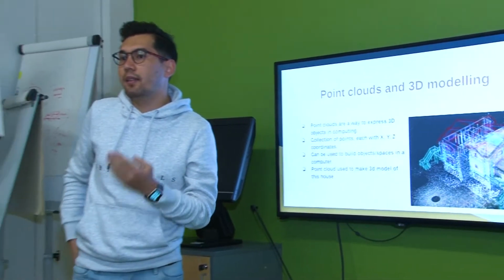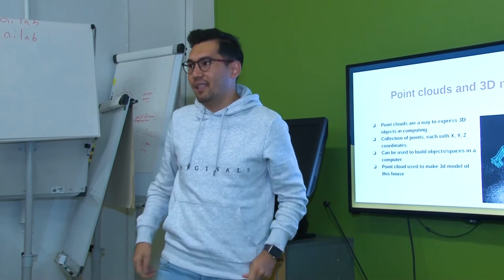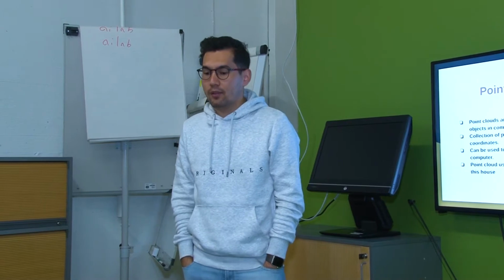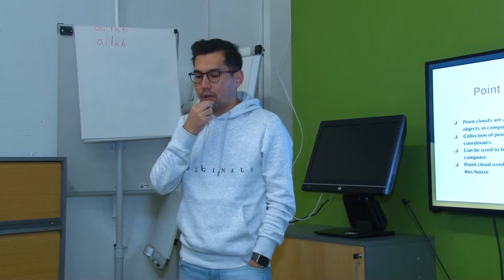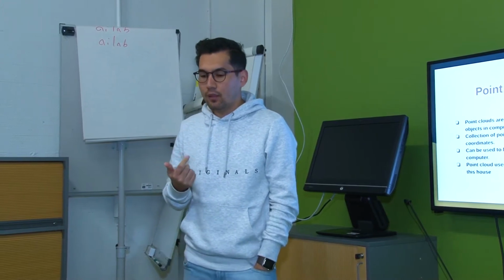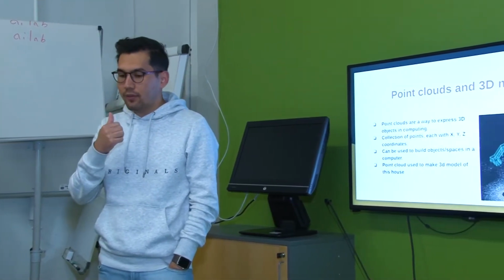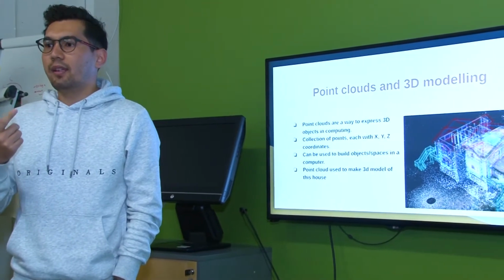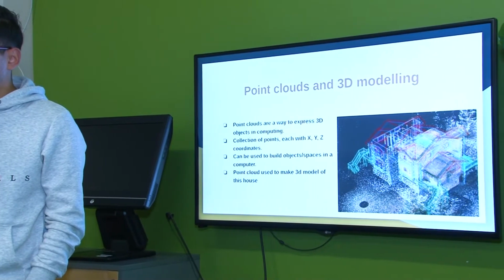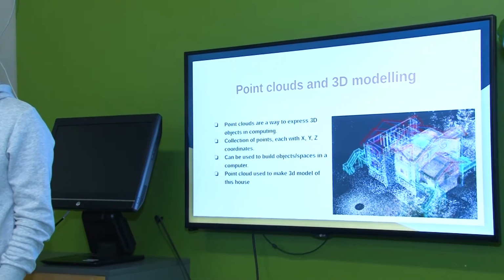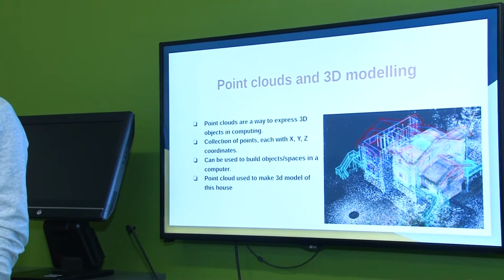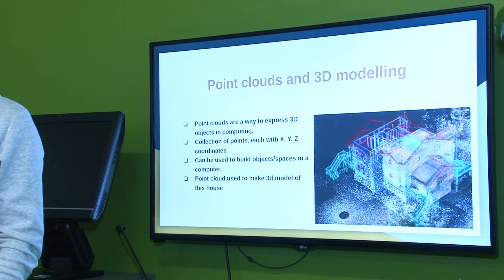As Hansen said at the beginning, about the point clouds: point clouds are data sets that represent an object or space. These points have X, Y, and Z, the geometric coordinates of a single point on an underlying sample surface.